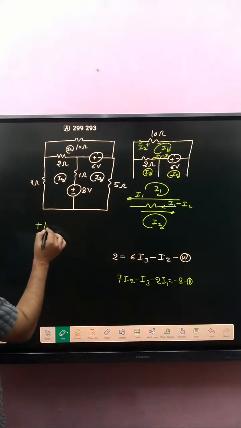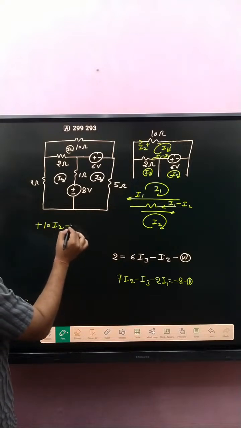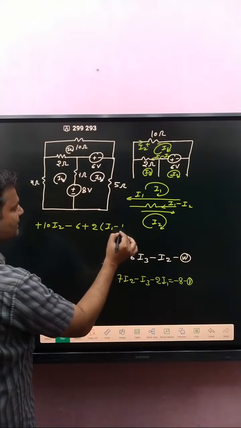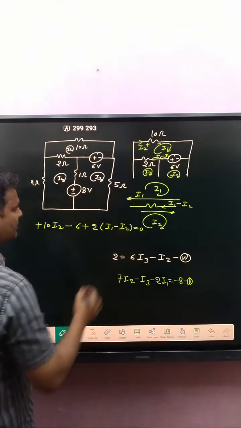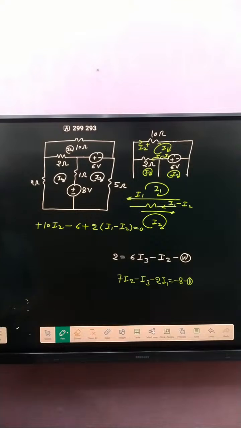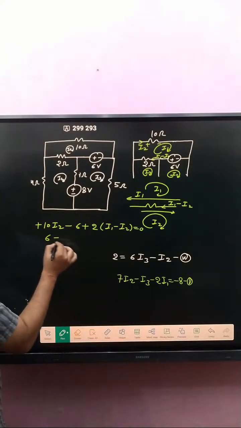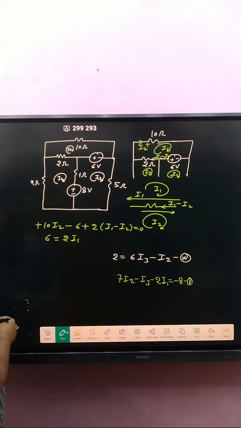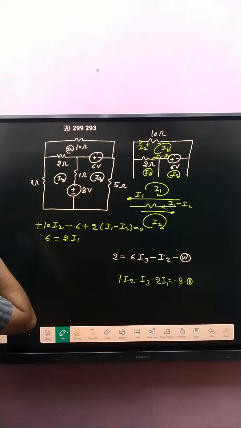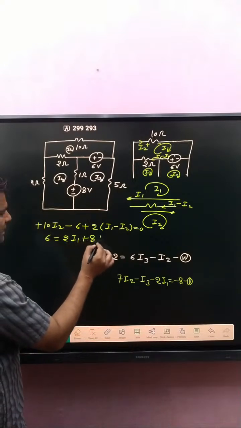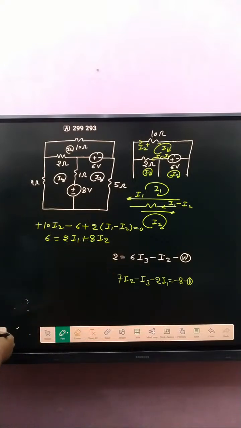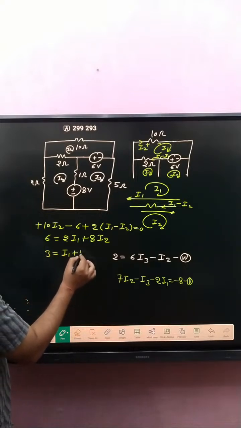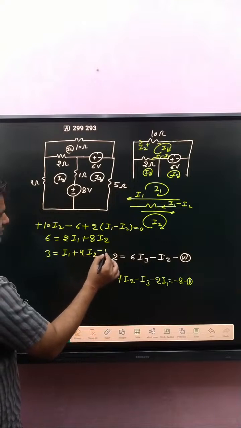Then plus 10 I2 minus 6 plus 2 (I1 minus I2) is equal to 0. So 6 is equal to 2 times I1 minus 2 times I2 plus 10 I2, that is 8 I2. Okay, so we got 3 is equal to I1 plus 4 I2. That is equation number 3.